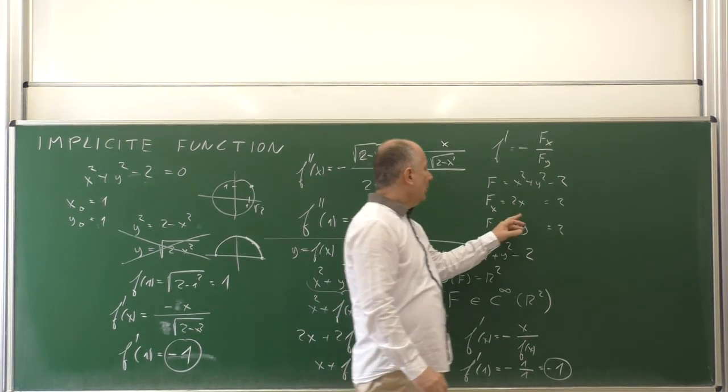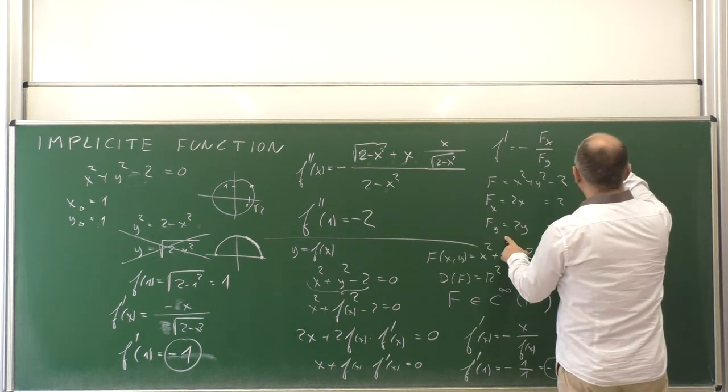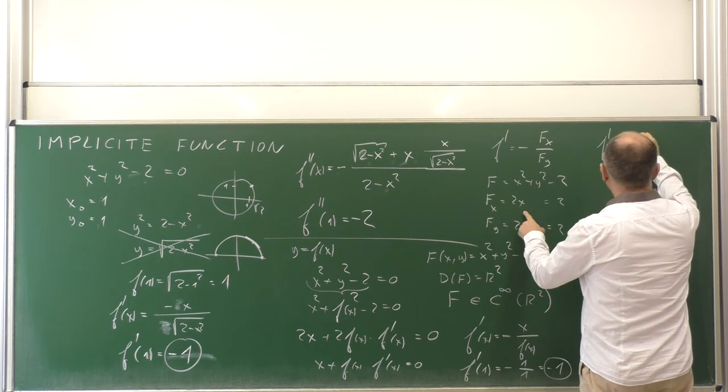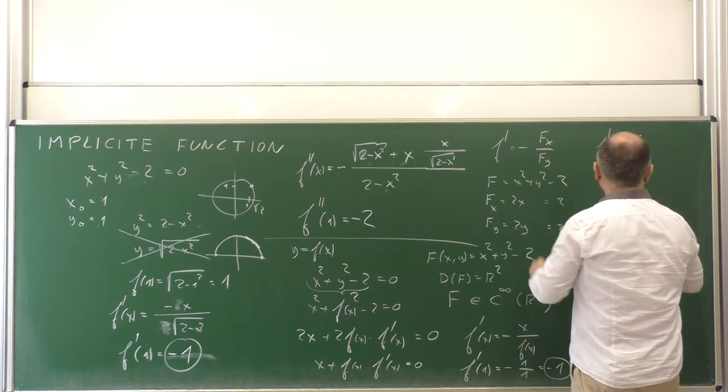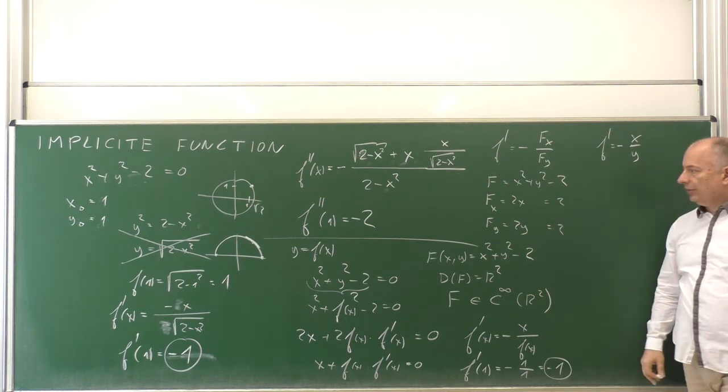Or we can postpone the evaluation, and we can find that the first derivative is minus x divided by y, where y is a function of x.